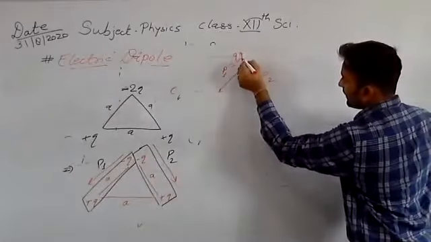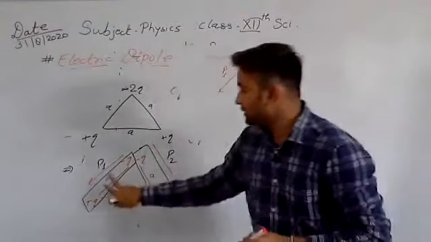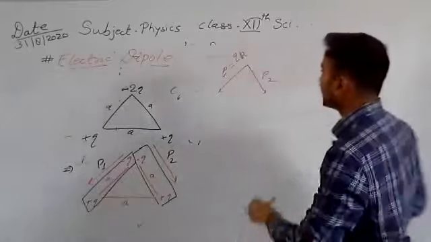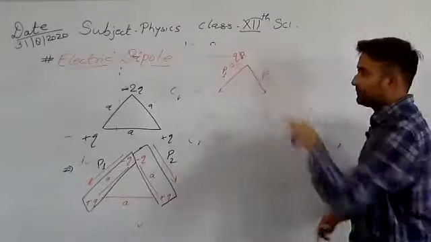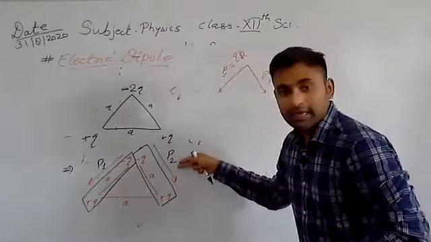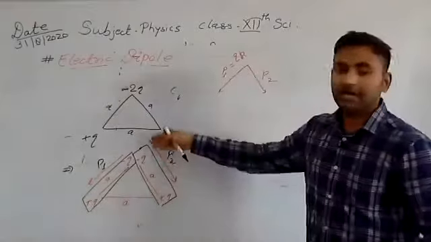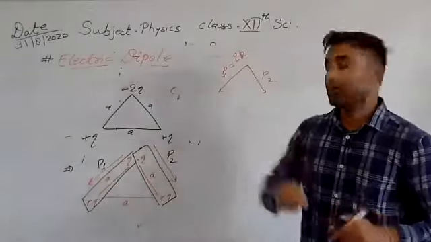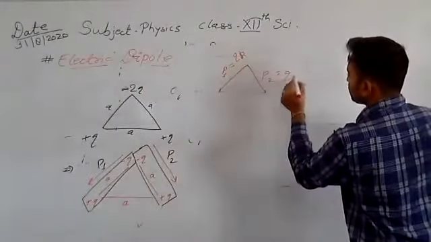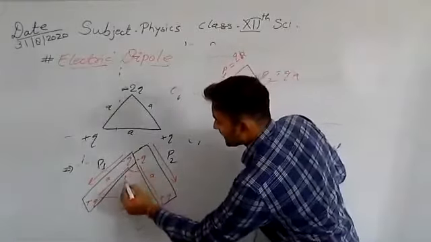Q into A, not 2A, because here 2A is what? A. That is why separation of charges is A. So I'll write P1 is equal to QA. What about P2? It will be same because separation is A. We have equal magnitude, QA.